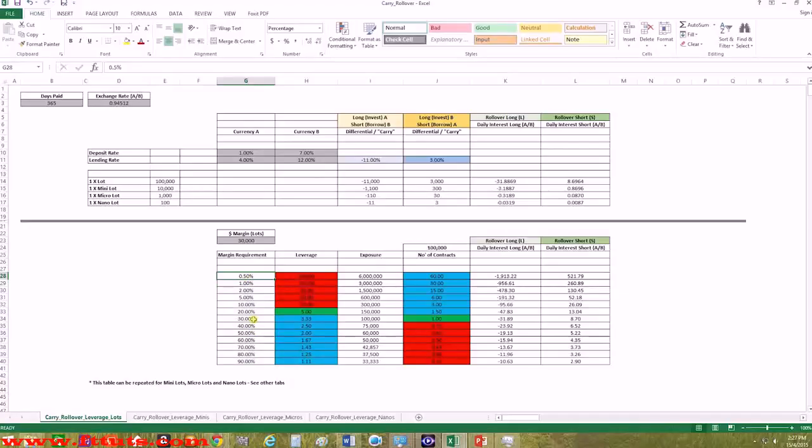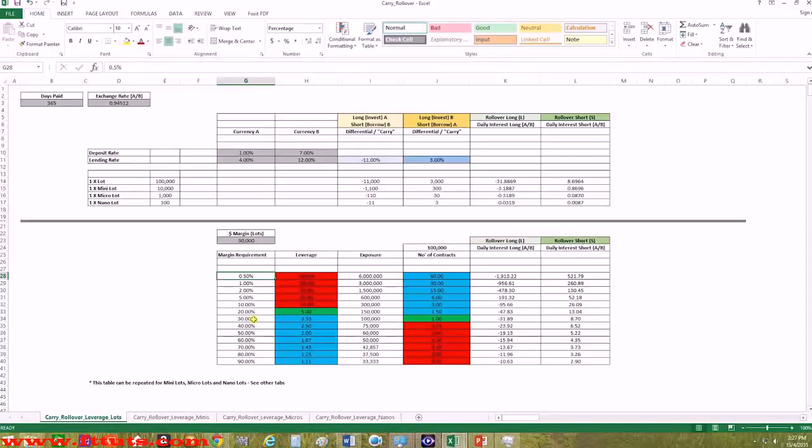And if you recall earlier, when we were looking at margin, leverage, and exposure, we made the statement that really gross exposure is anything that you decide that you want.